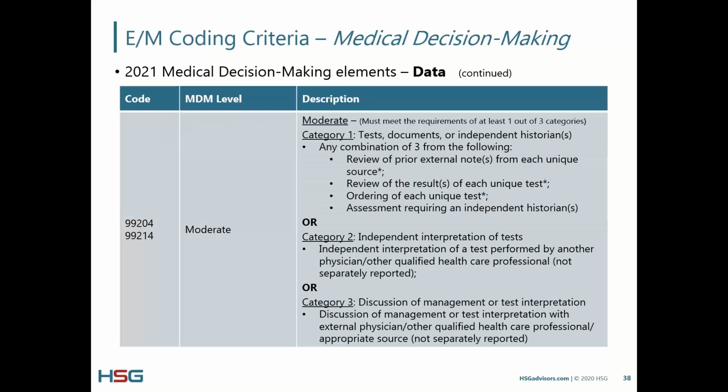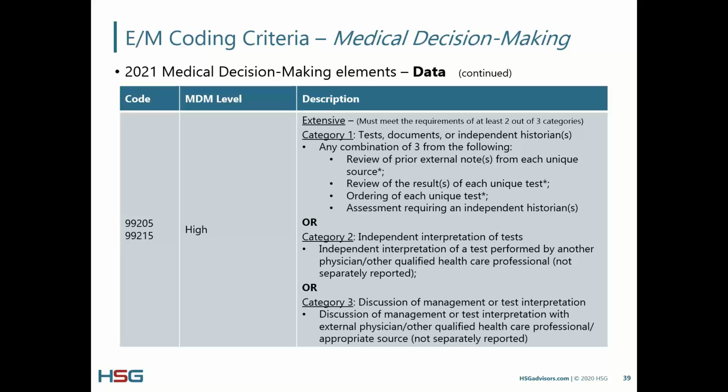As you go up in complexity, again, test or document and any combination of these, independent interpretation of tests that we talked about, what that means, or a discussion of that. As we go down further, and I know I'm going through these quickly, this category may not be as difficult to achieve a high level as the others, but again, you need to have 2 or 3 to be able to get there.